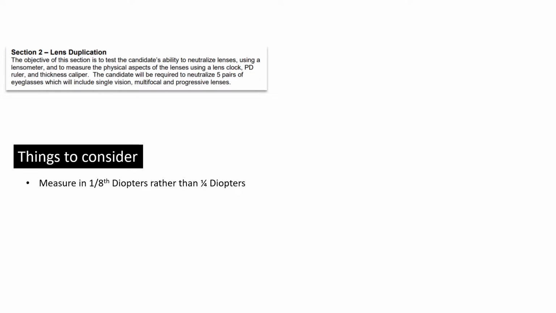Let's say you have a prescription, you're not sure if it's a -1.25 or a -1.50, you're kind of in between. Record it in 1/8 diopters, like a -1.38. This way, if let's say the tolerance is a 1/4 diopter, and you just happen to mess up and you're a whole half off, if you're writing in 1/8, you're going to be a little bit closer to the answer.